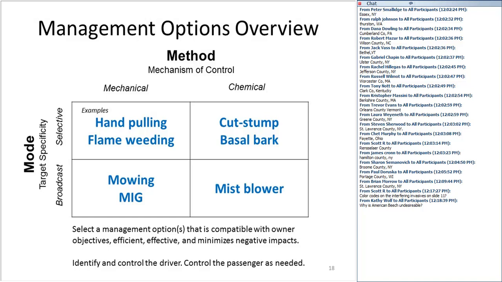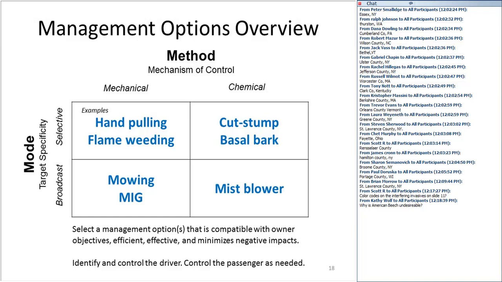And then under mode, we have broadcast or selective. And this is about the specificity we have in hitting the target. So if it's selective, that means we can identify an individual plant and treat that individual plant.